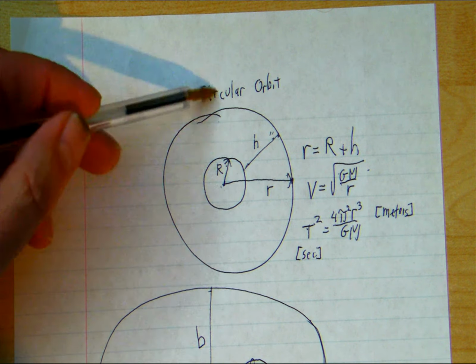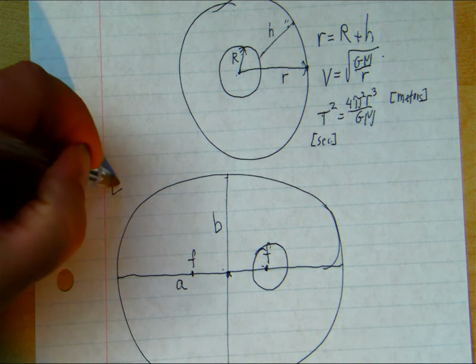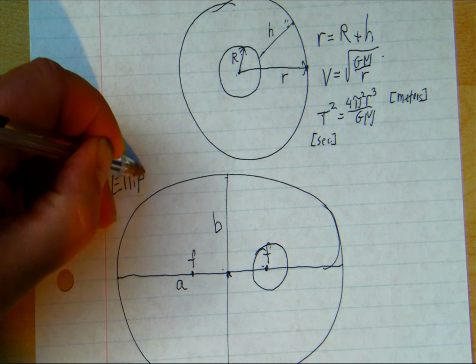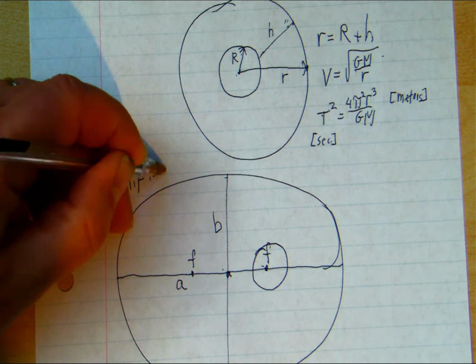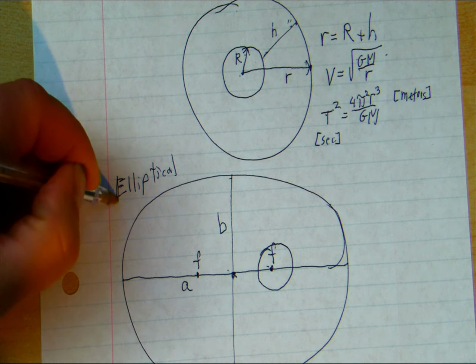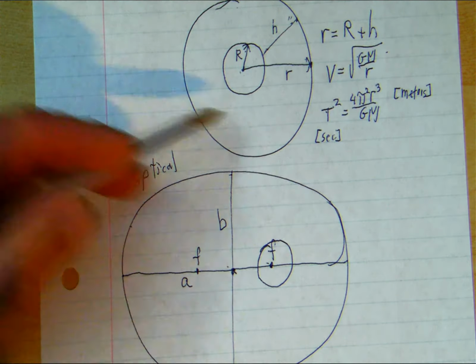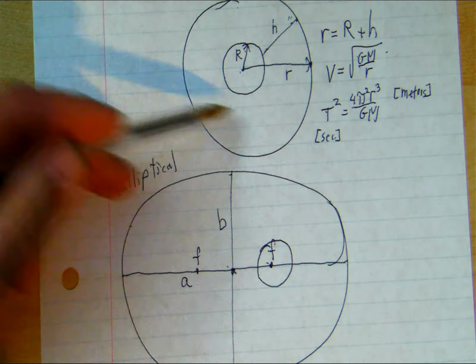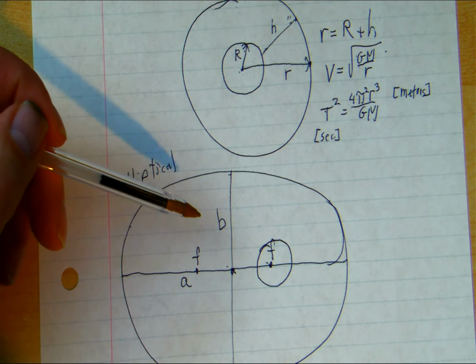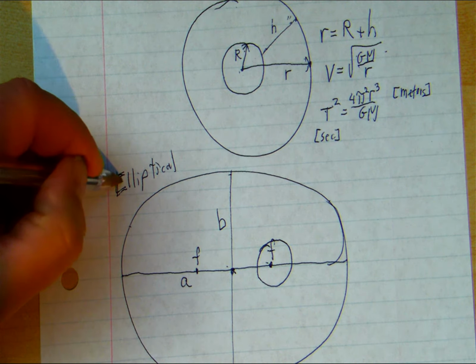There are no perfectly circular orbits that I know of. This is an elliptical orbit, and everything in the solar system that is bound to the solar system is in an elliptical orbit. So all the planets going around the sun, the moon going around the Earth, the asteroids and the comets in our solar system are all on elliptical orbits.